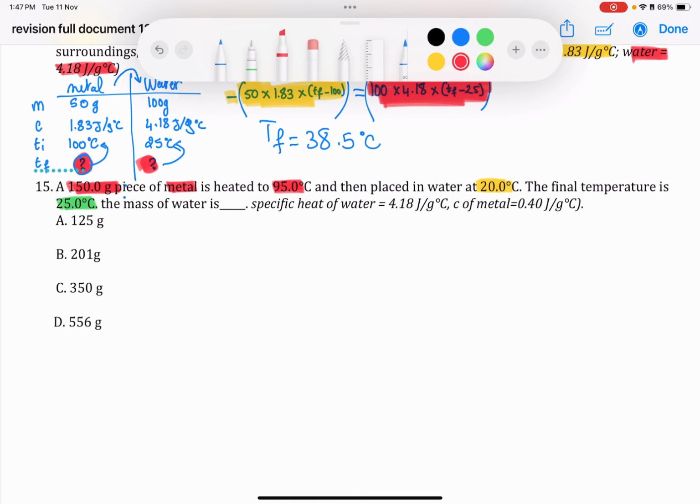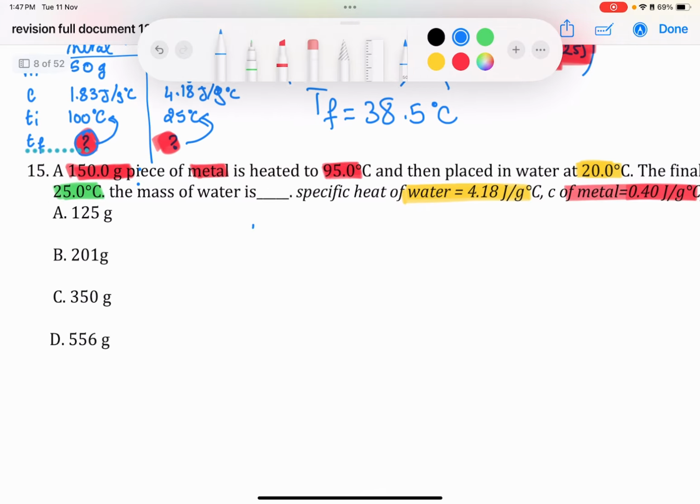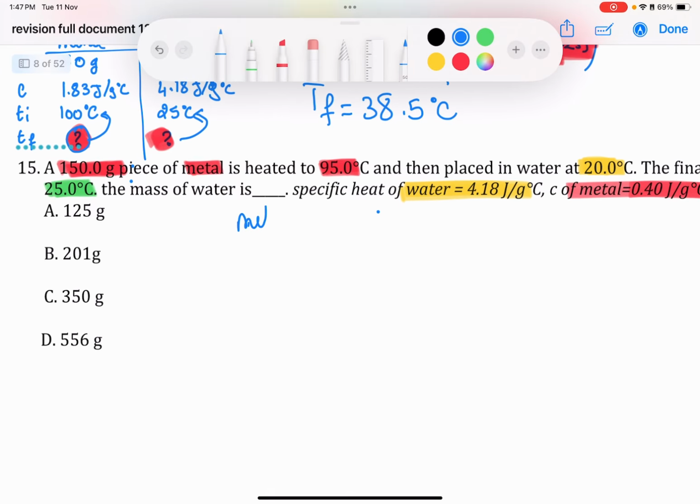They want me to find the mass of water, but they gave me the specific heat capacity of water and the specific heat capacity of the metal. So let's put our table again. That's the metal, and here for the water: M, C, T initial, and T final.